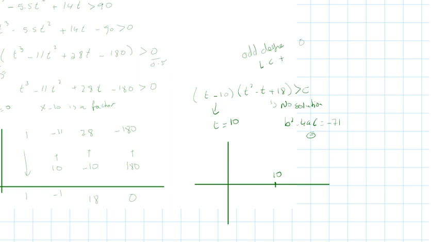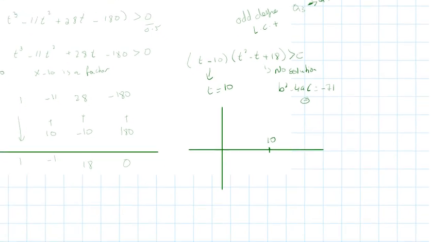So it's going to go from Q3 to Q1, something like this, and then up to here. You can check the graph on Desmos, but the important part is it's going from Q3 to Q1, and it's going to pass through 0 at 10. So the solution is, because I'm looking for when it's greater than 0, t is greater than 10. That would be my solution.